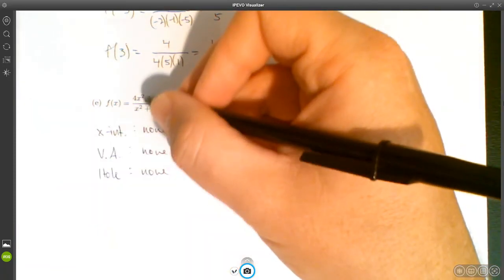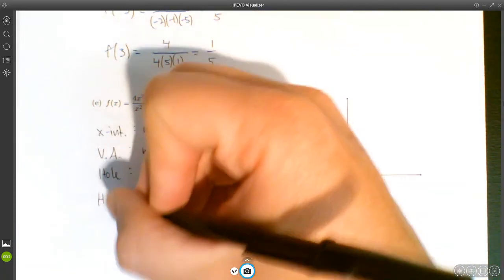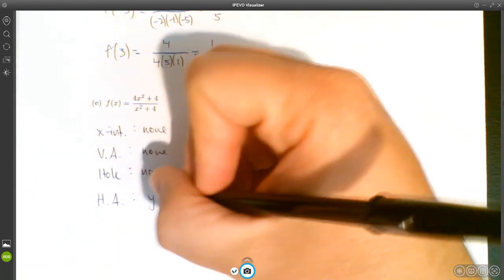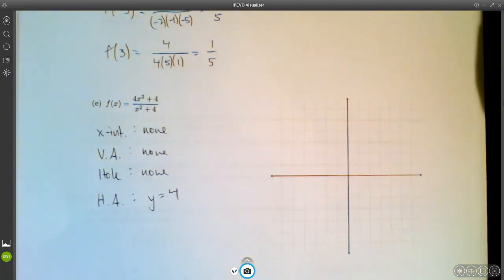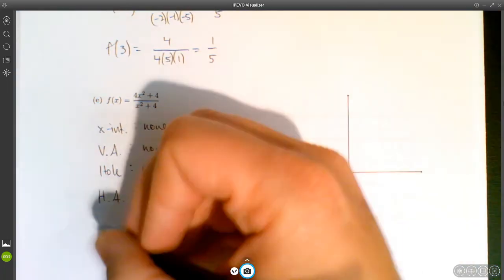Well, what about we've got a horizontal asymptote at 4, right? Does the graph cross its horizontal asymptote? Let's see.